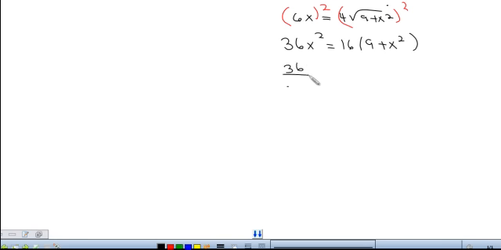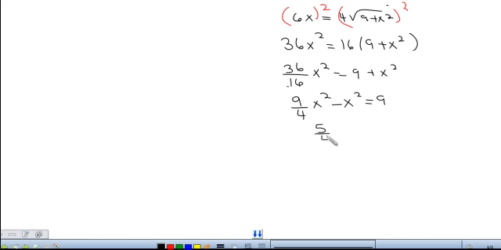So if I divide by 16, I get 9/4 x squared. Subtract x squared. I'm moving the x squared to the other side. I'm subtracting from both sides.